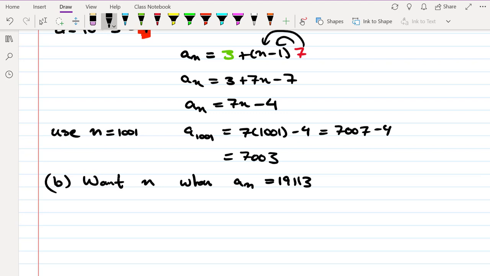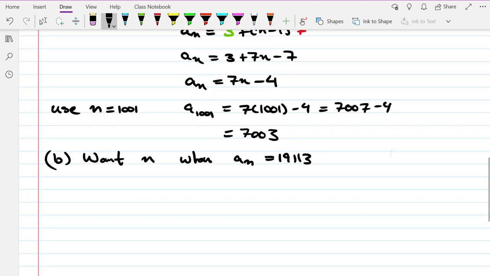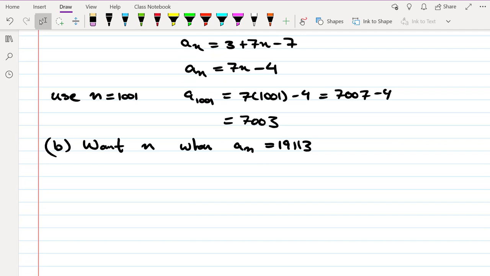This is like when we're given a y value for a function and asked to find the x that gave us that y value. That gives us the equation 19,113 is equal to 7n take away 4.